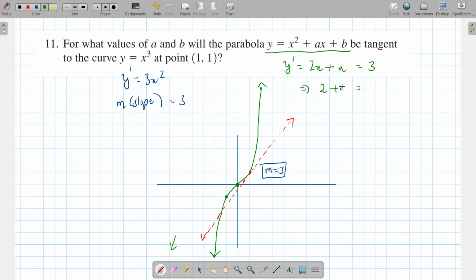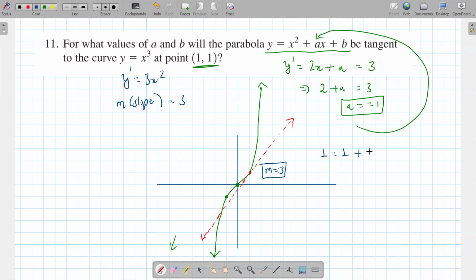So you have 2 times 1 plus a equals 3. A is 1, right? You can plug this back in. We know the x and the y values at that point. The y value is 1. The x value is 1. The a value is also 1. So 1 plus b, and b is -1. There we go. That's your a and that's your b.